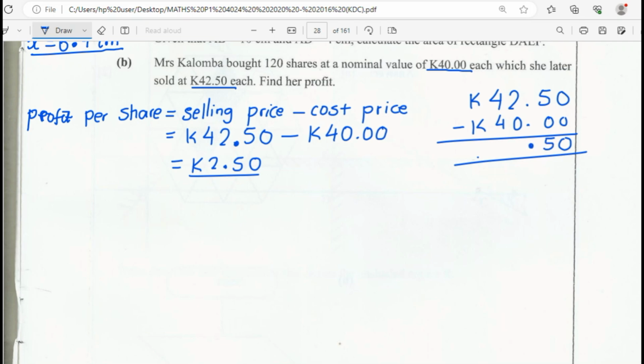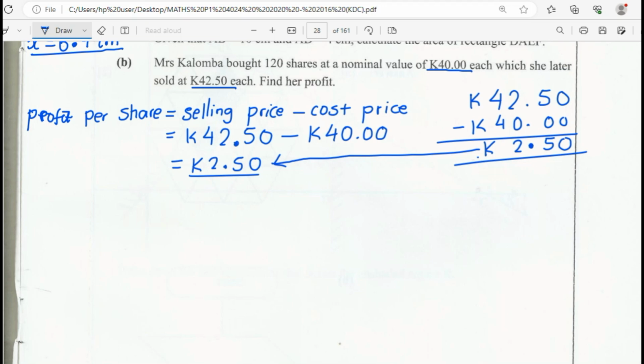Then the decimal here, 2 minus 0 is 2, 4 minus 4 is 0. So this is how we are getting this number. So it means that on each share she got a profit of 2 kwacha 50, which is 2.50. Now how can we find the total profit?